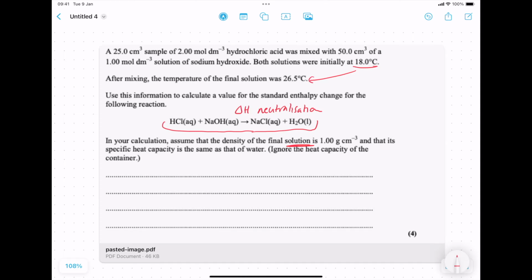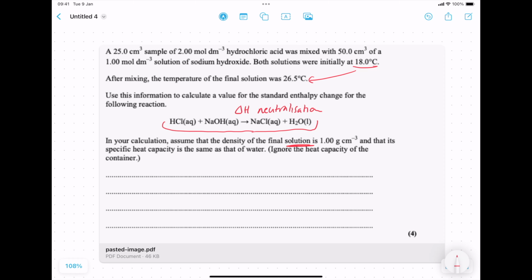In other words, the density of the solution is the same as the density of water, because 1 gram of pure water has a volume of 1 centimetre cubed. Now, it's not a great approximation because obviously there's HCl in there, sodium hydroxide and salt being made, but it's okay for this type of level of calculation.